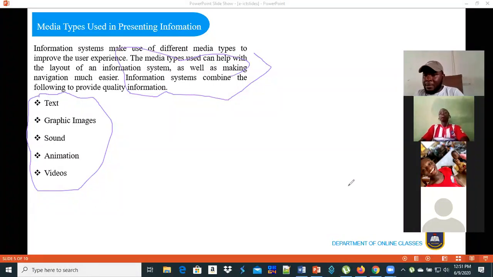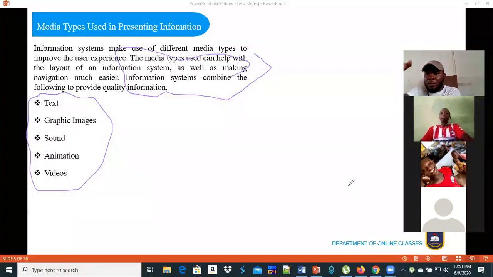And then you have the graphic images. The graphic designers design these graphic images, pointing out, you see that one step: one, the soap is there; two, somebody rubbing the soap on his or her palm; three, you see the water, a tap flowing; and then four, you see somebody standing under the water trying to wash the hand. All these are graphic images, so you don't have text. The images are being used to present the information.